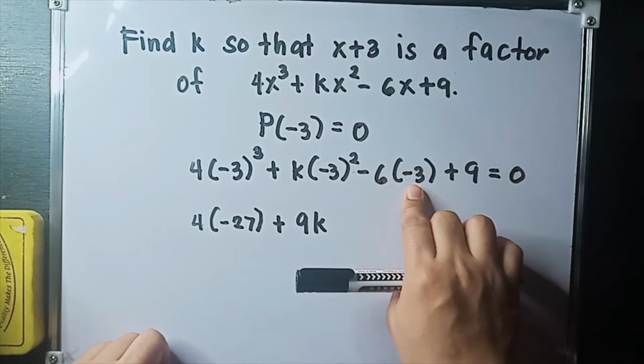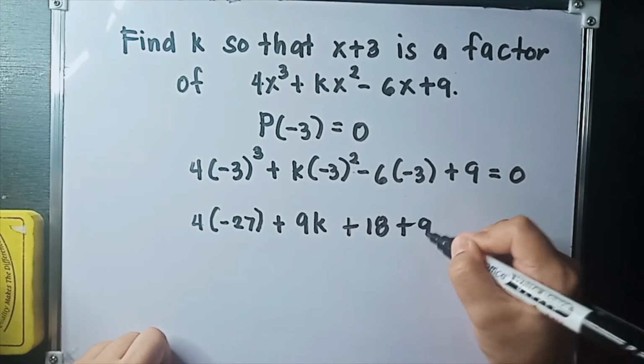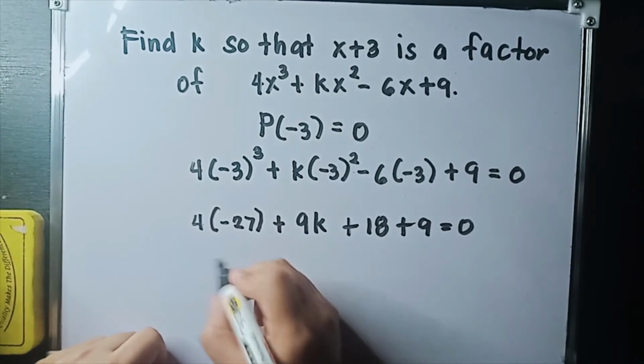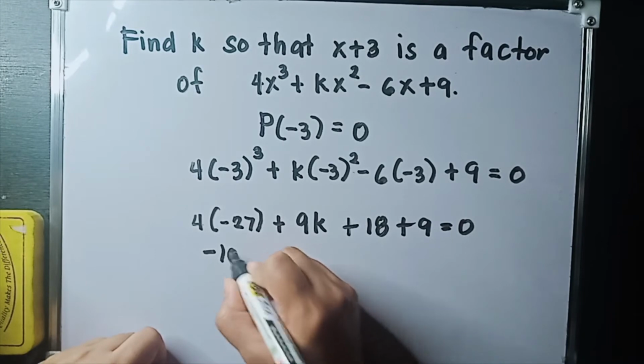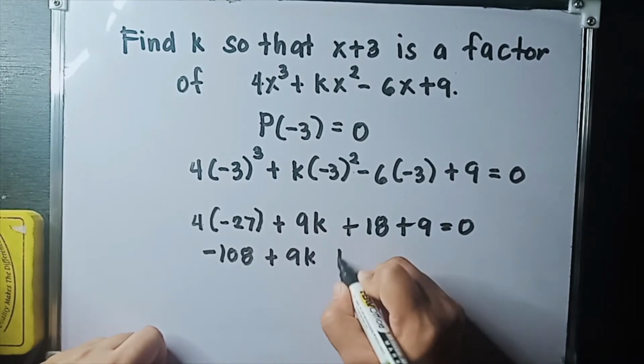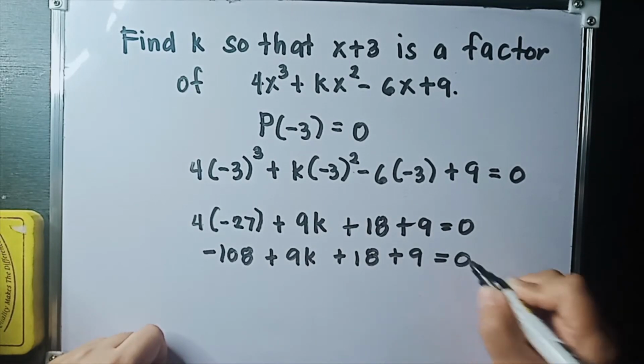Negative 6 times negative 3 is positive 18 plus 9 equals 0. Then we simplify. 4 times negative 27 is negative 108 plus 9k plus 18 plus 9 equals 0.